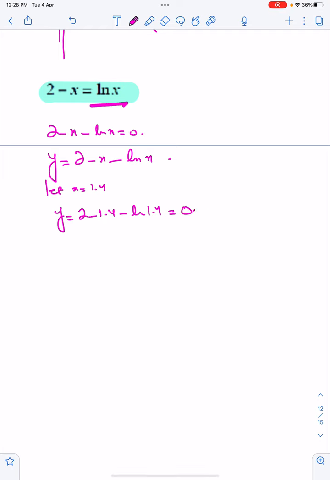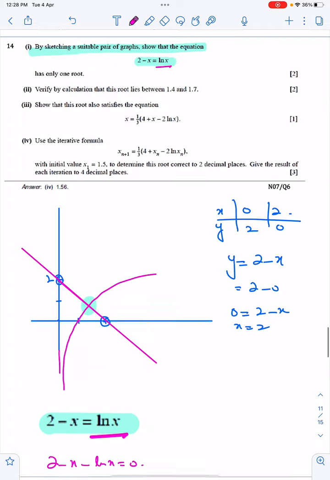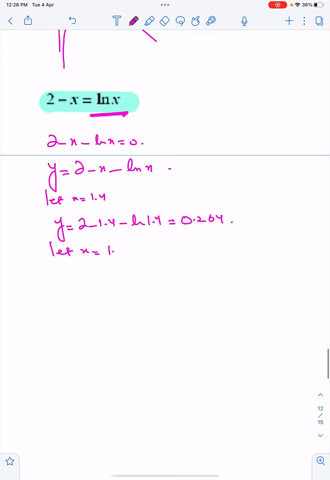This is 0.264. I'm getting a positive answer. Now let x equals 1.7, y equals 2 minus 1.7 minus ln 1.7. I'm getting a minus 0.2306.